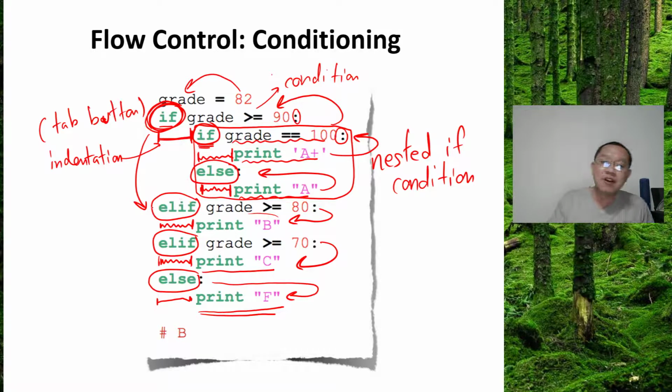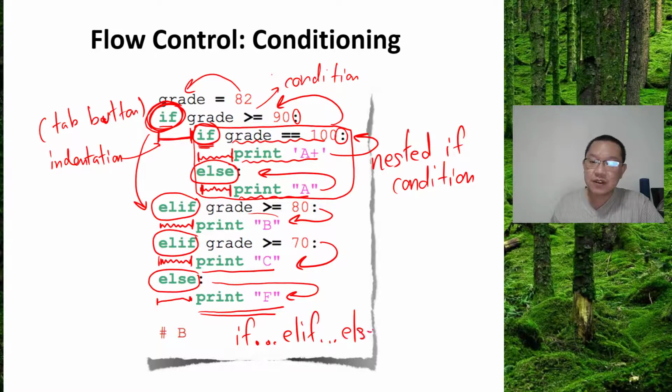This is called the structure of if, else if, and else. If you have one condition, you use just if. If you have two conditions, you use if and else. If you have more than two conditions, you use if, else if, and else.